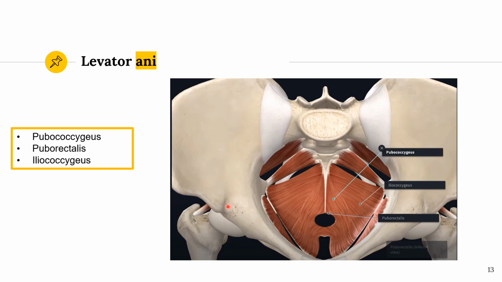Now we go through the components of levator ani, and this is the superior view again. Levator ani consists of three distinct muscles. First is pubococcygeus, which originates from the posterior inferior pubic rami and inserts at the midline on the anococcygeal raphe and the coccyx.